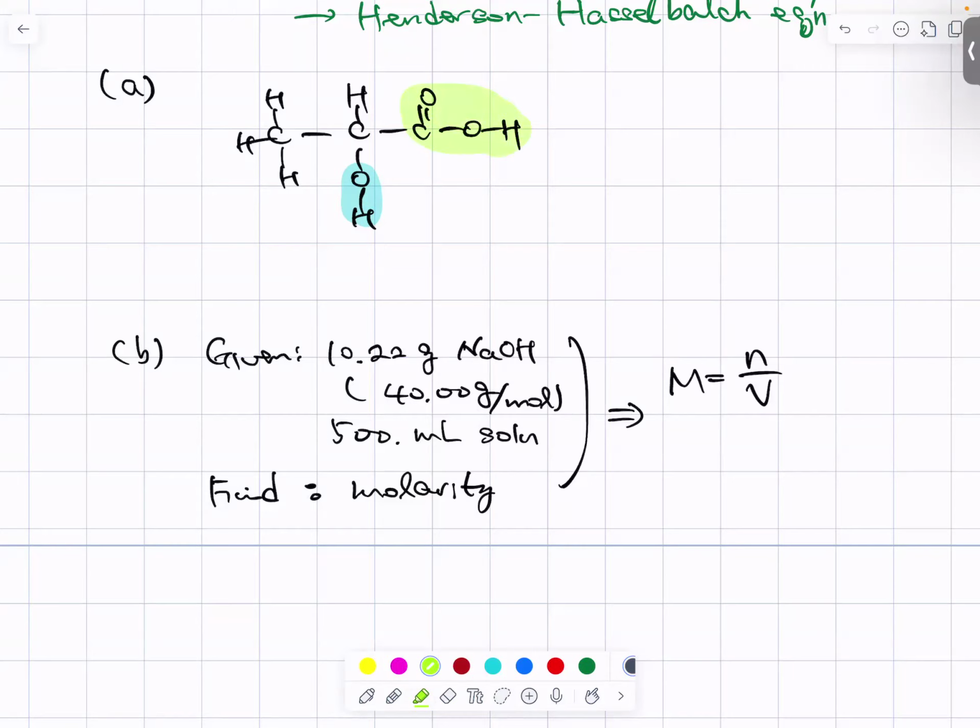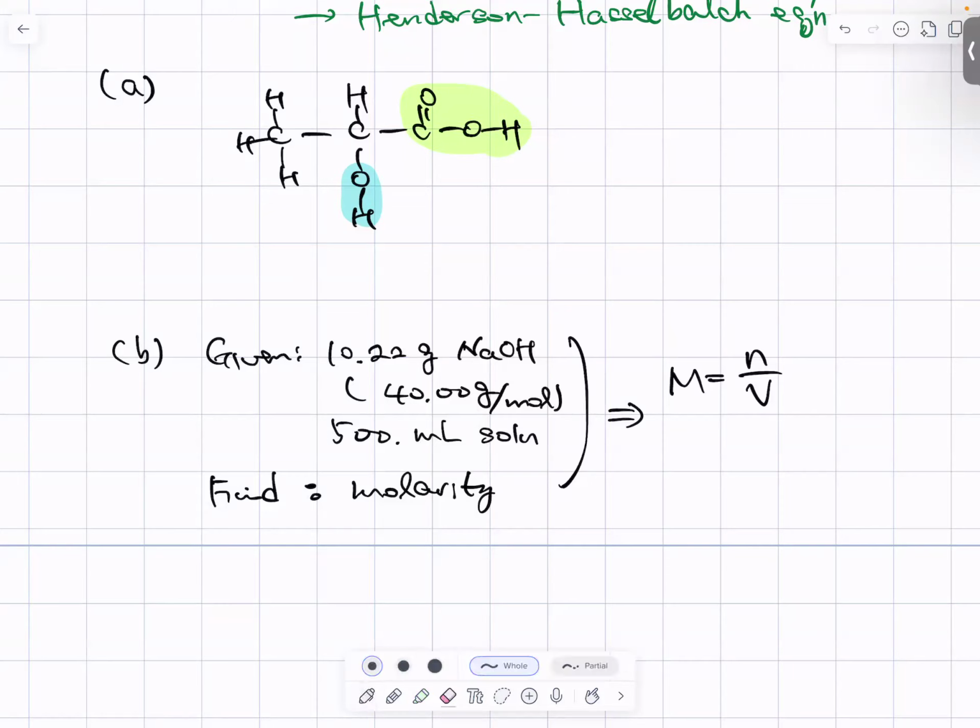We need to understand carboxylic acid very well. In nature, in biochemistry and organic chemistry, many of the biocompounds and natural compounds contain the carboxylic acid group, COOH. And we need to understand that carboxylic acid is a weak acid.